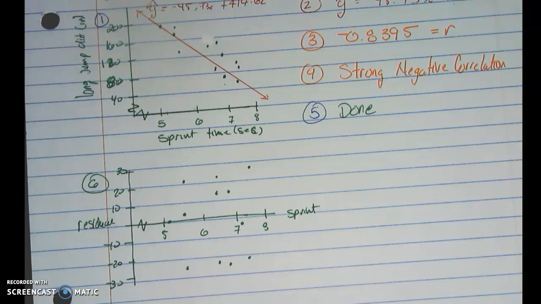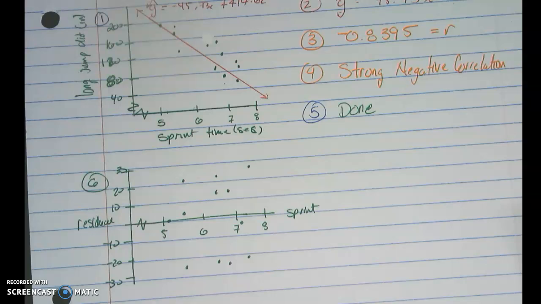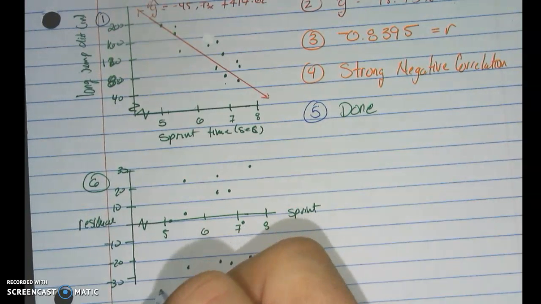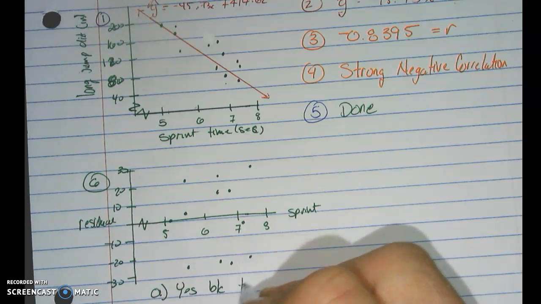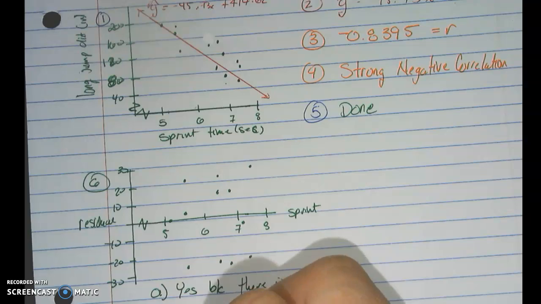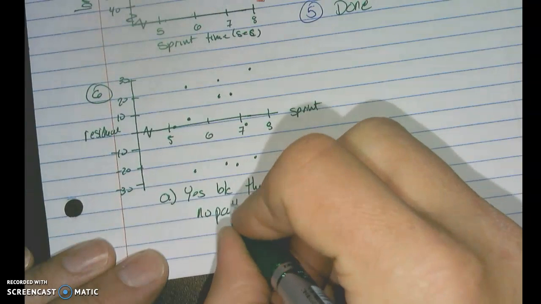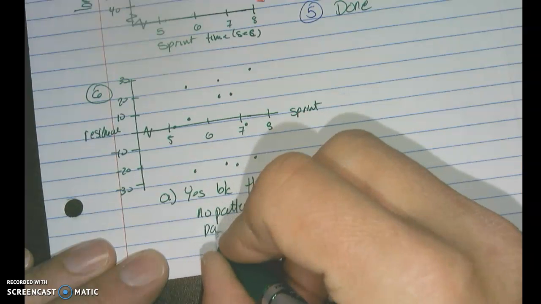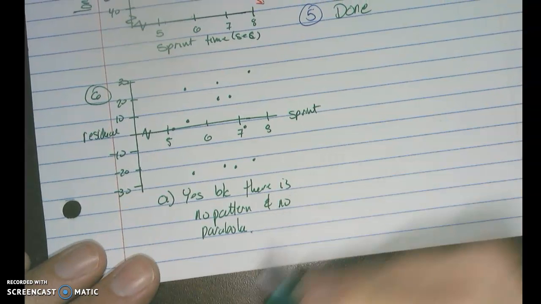Now, because there's no clear pattern, there's no parabola, the question is, does a linear model make sense? So the answer to the A is yes, because there is no pattern and no parabola.